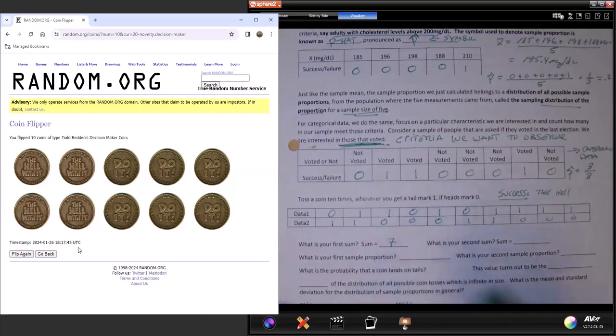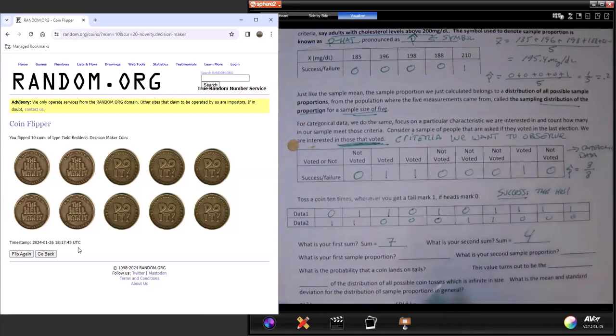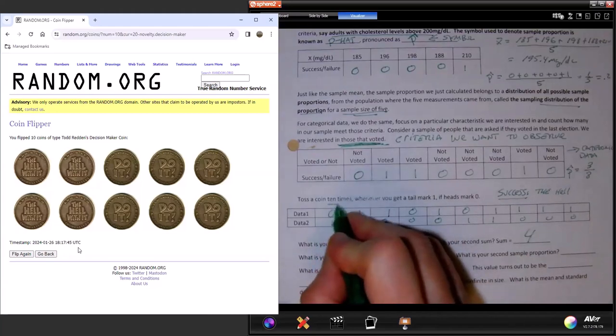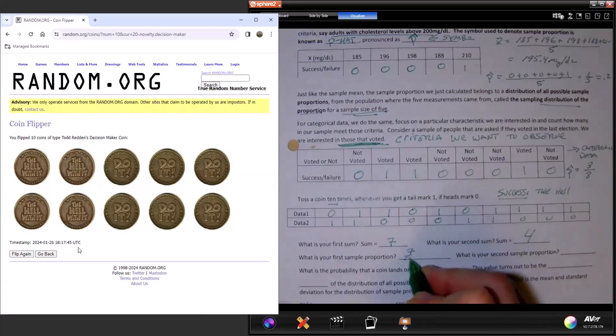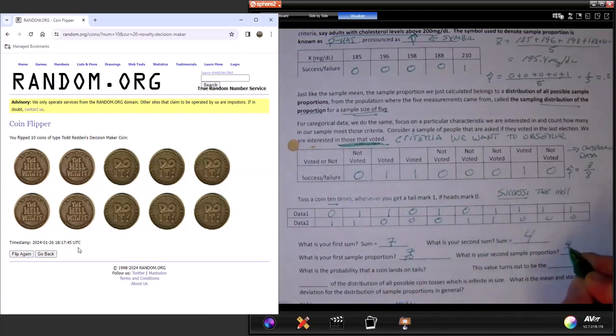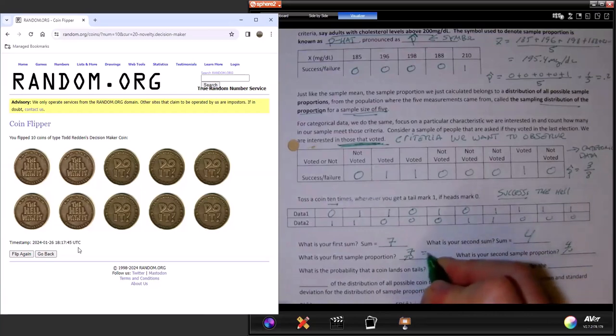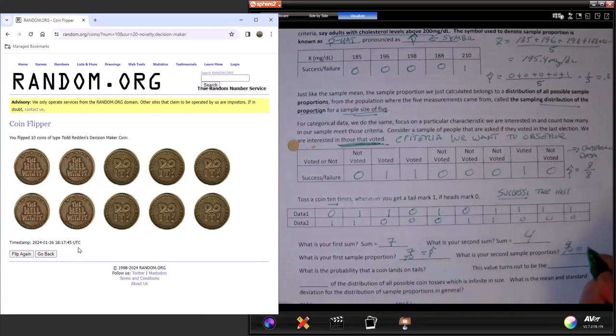So the sum is 7. What is your second sum? 1, 2, 3, 4. 4. Okay. What is your first sample proportion? Well, I tossed the coin 10 times, 7 out of 10. What's your second sample proportion? It should be 4 out of 10. And both of these are p hats.